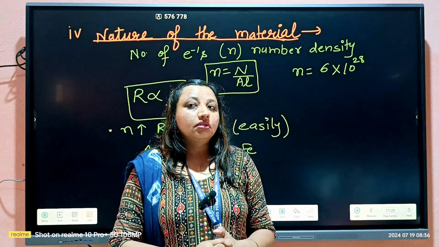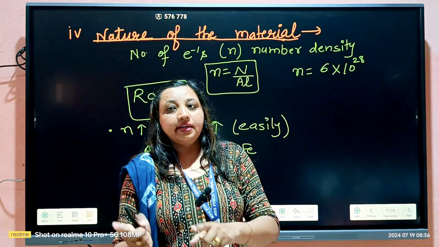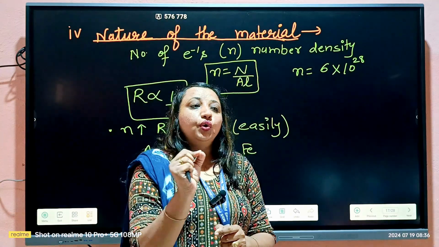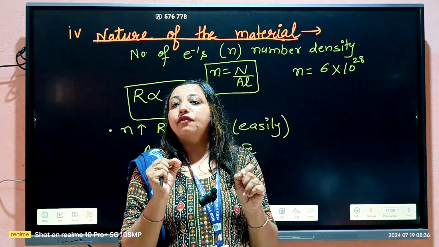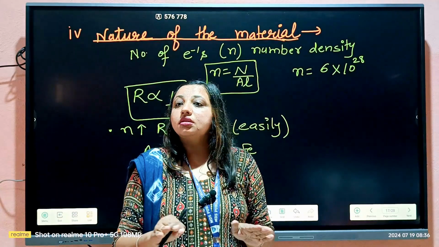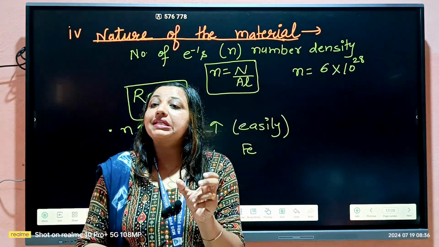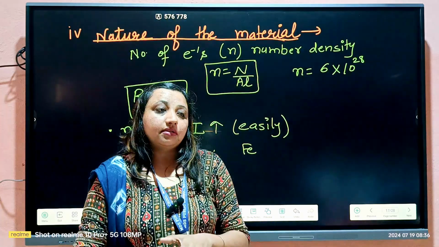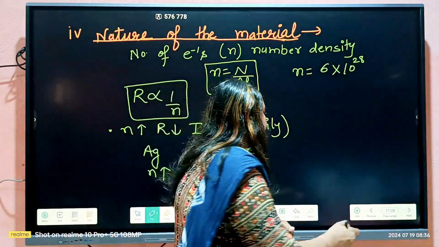Not na. We have explained it in yesterday's class that if you change the length and area of a conductor, the resistance changes but not resistivity, because resistivity is a specific resistance on which the conductor depends, right?